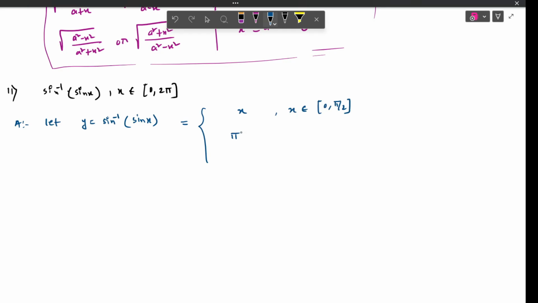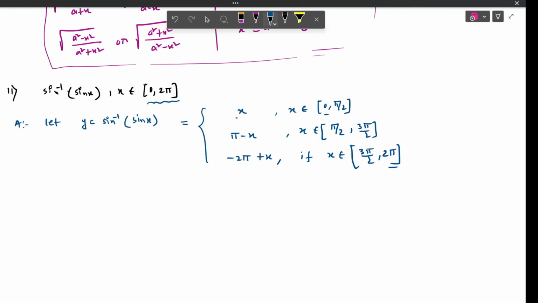It will be pi minus x if x belongs to pi by 2 to 3 pi by 2. It will be minus 2 pi plus x if x belongs to 3 pi by 2 to 2 pi, because our whole interval is 0 to 2 pi, so you have to break 0 to 2 pi in this format.